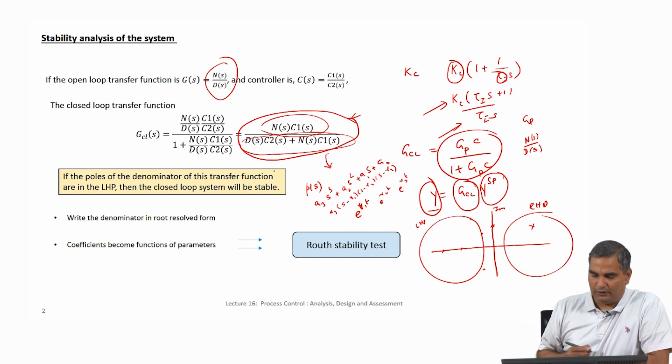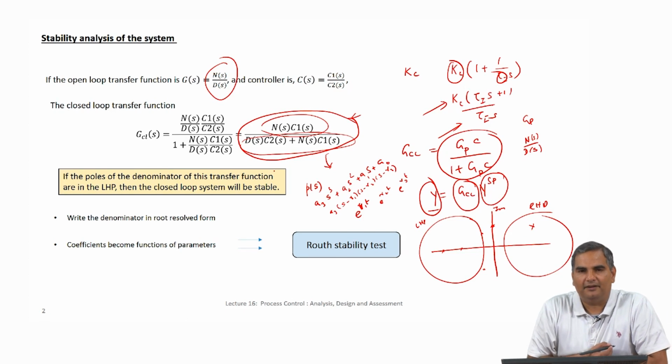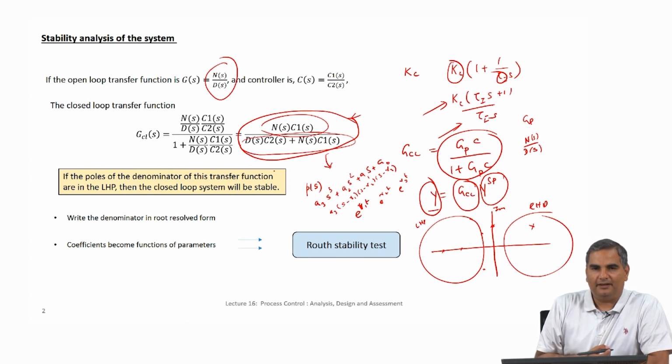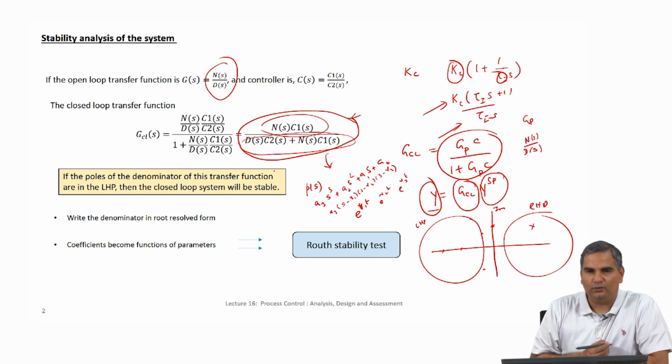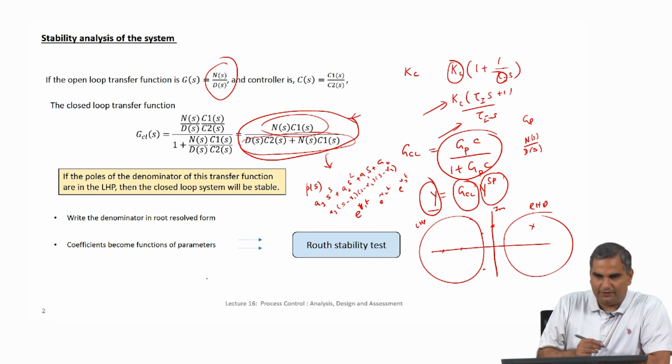Okay. So, when we want to do this, then it becomes a problem. The problem is the following: you might simply think about this and say, well, there is a polynomial in the denominator, and basically I can write the roots of the polynomial in some form and then look at the roots and answer that question for this k_c, tau_I and tau_d. So, for example, all of us know this formula that we have been told several times and it is drilled into our memory, the root of this quadratic equation, which is minus b plus or minus root of b squared minus 4ac by 2a.